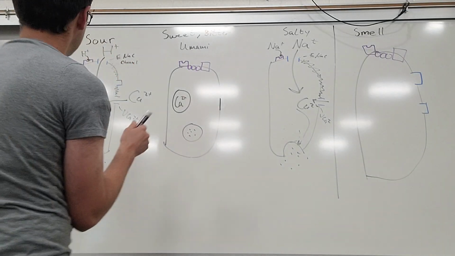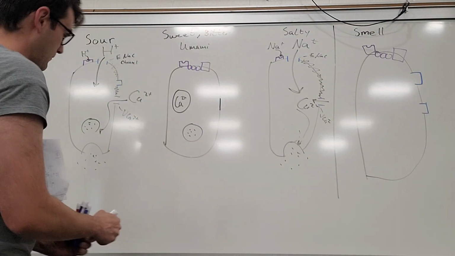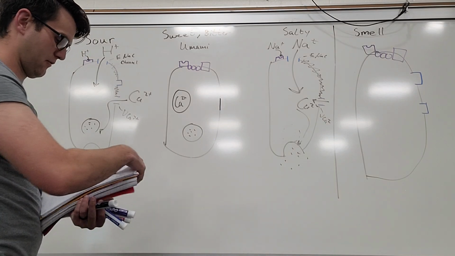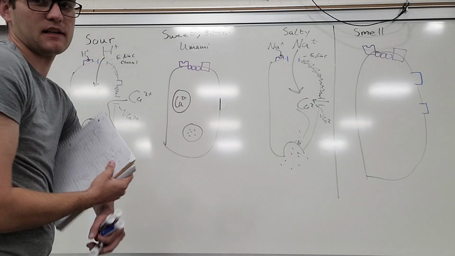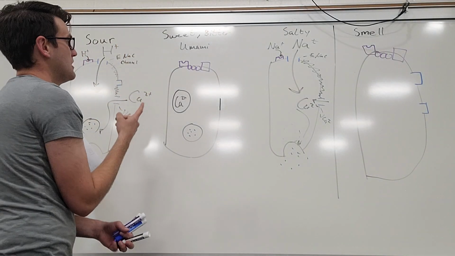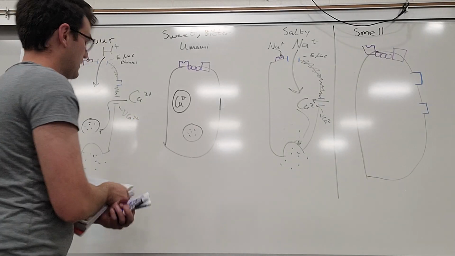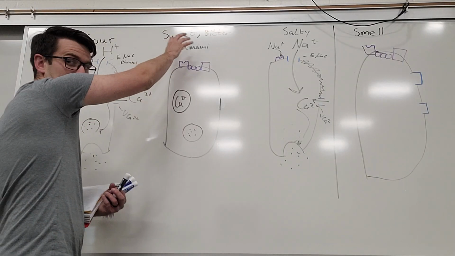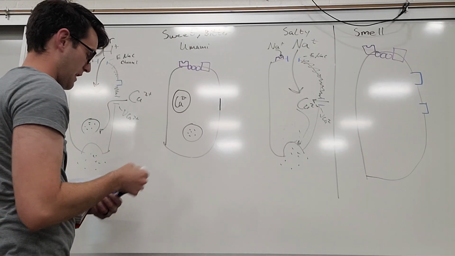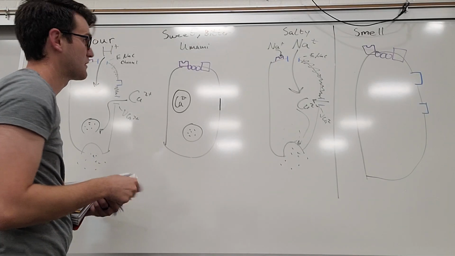So that's salty and sour. Now, sweet, bitter, and umami are a bit different, because rather than ENaC channels, they use G proteins. This is all the same for sweet, bitter, and umami, or savory. We have different ligands or stimuli.